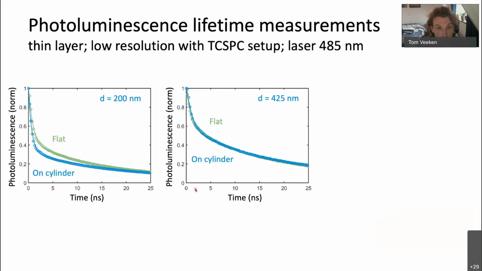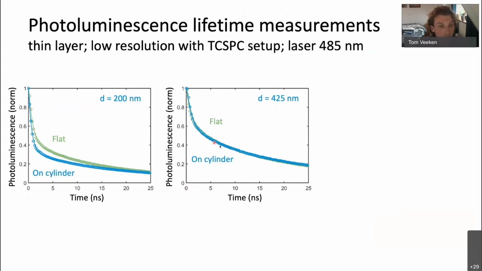This is the short lifetime, the shortest component, and we normalize to 1. And then there is an obvious difference between the two arrays. In the 200 nanometer case, there is a faster lifetime on the cylinders, and in the 425 nanometer case, it's roughly the same.